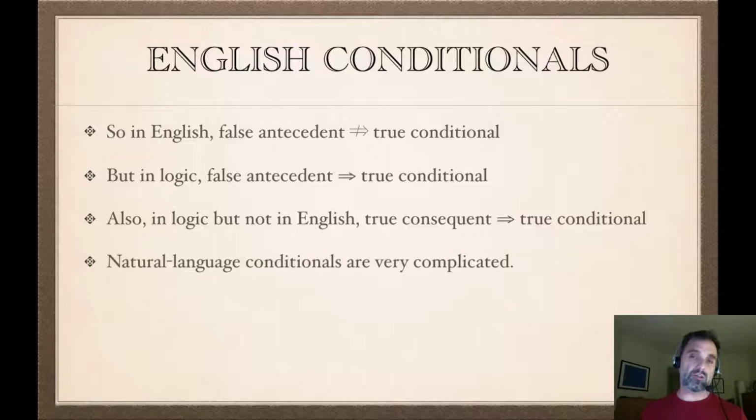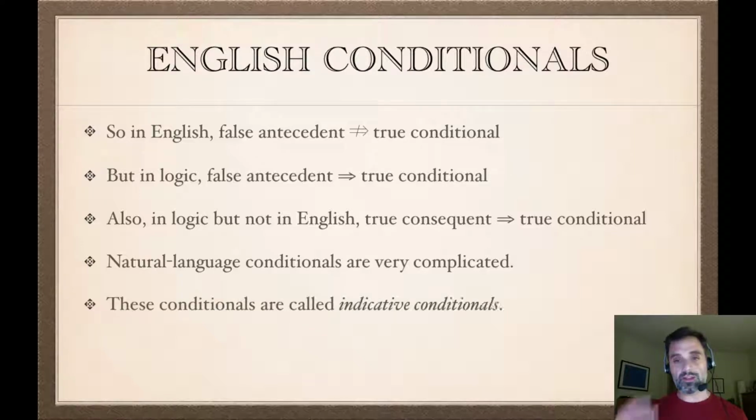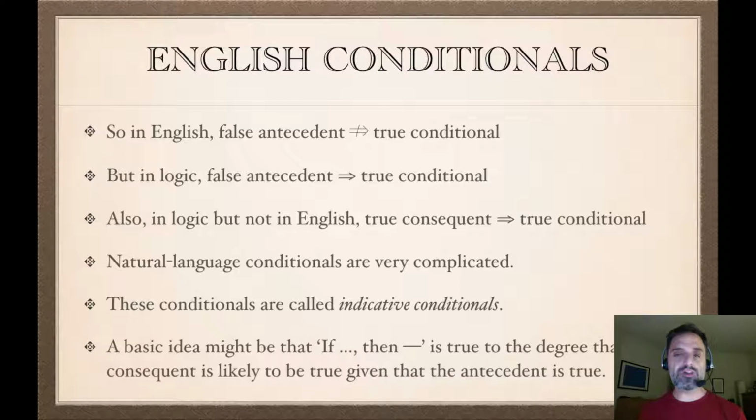As it turns out, natural language conditionals are very complicated. They're really useful, but they're also really complicated, and it's very hard to describe the conditions under which a conditional in English is true. They're called indicative conditionals. One basic idea: if blah, blah, blah, then blah, blah, blah, is that true?